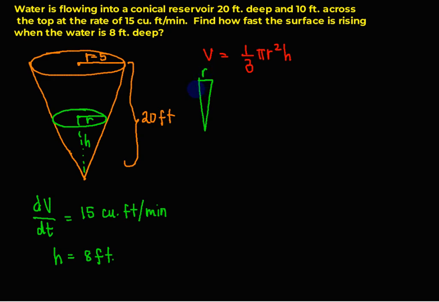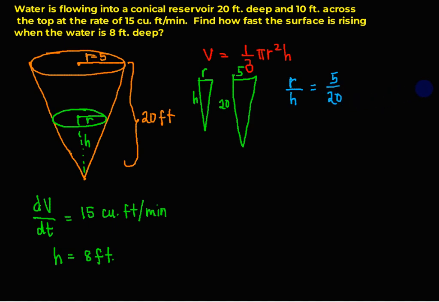This is R, this is our H, which is similar to the larger triangle, that which is 20 and 5. We can apply the principle of similar triangles. That is the radius of the small one divided by its height is equal to 5 over 20.